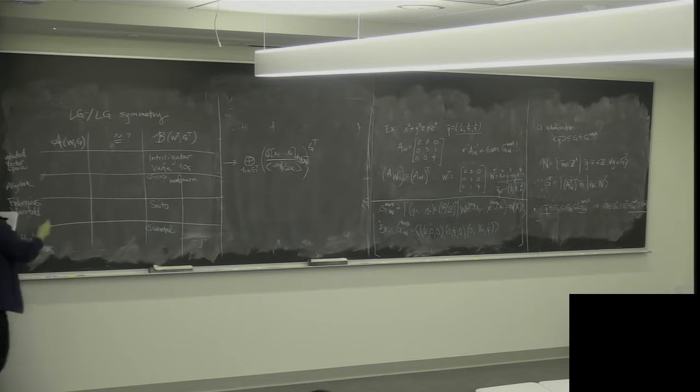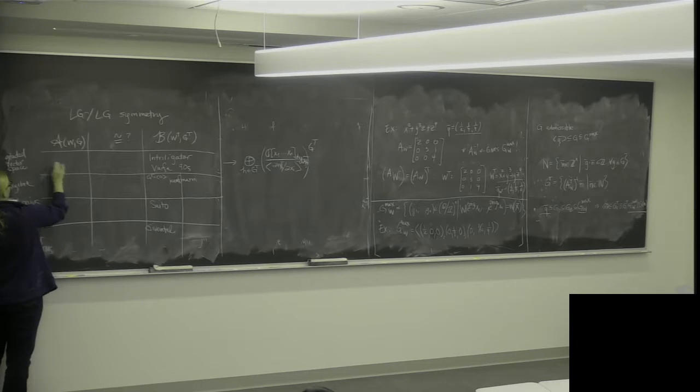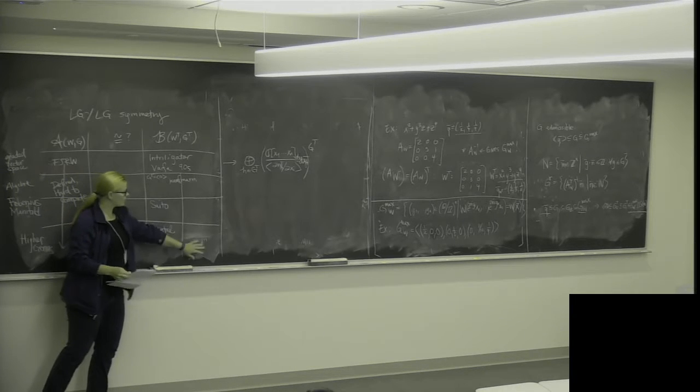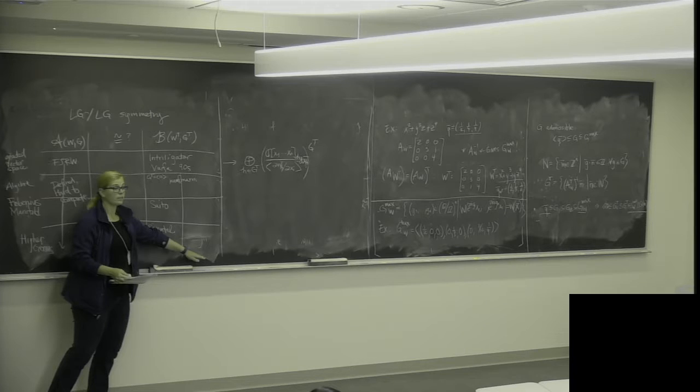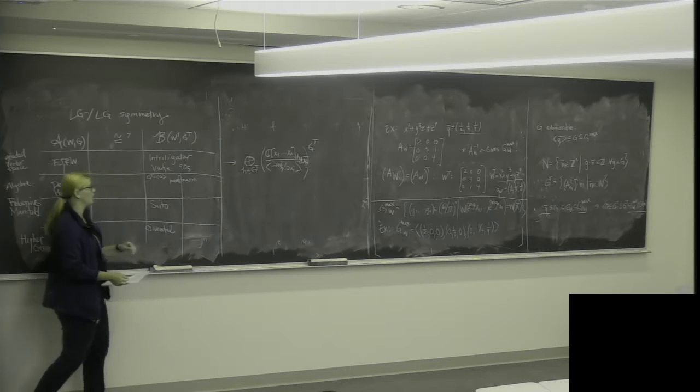Okay, so as I said, until 2007, we didn't know what the A model should be, and that was given by Fan, Jarvis, and Ruan. So this is defined, but hard to compute. For the orbifold symmetry group, we don't even have a definition really of what should be happening over there, although there are people working on this problem, making good progress.